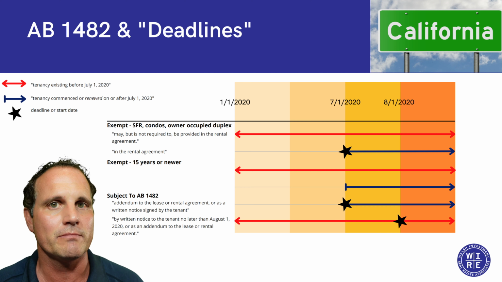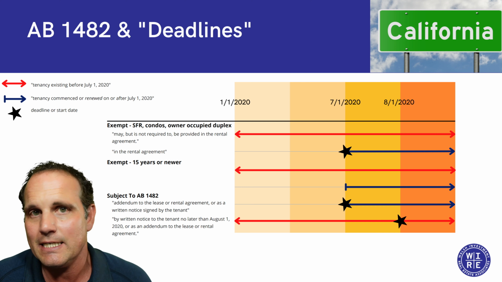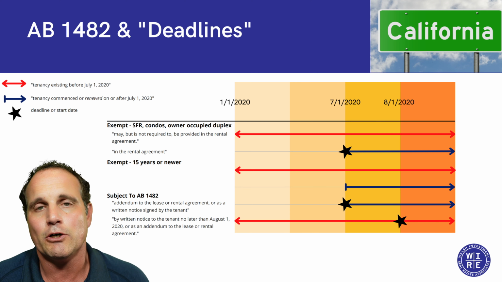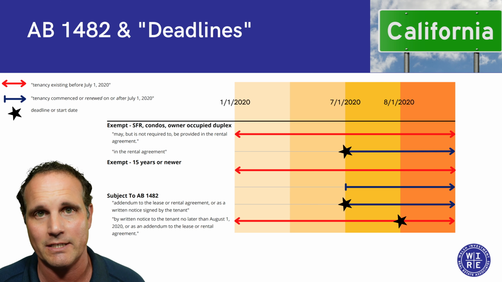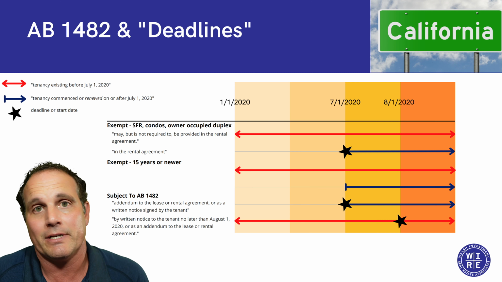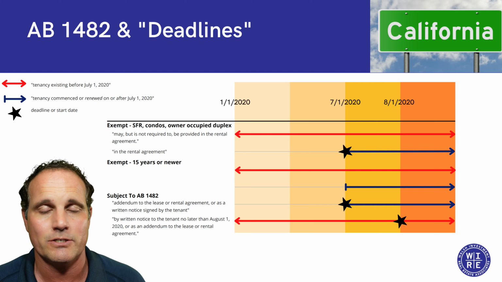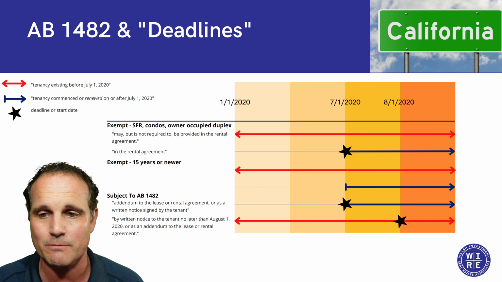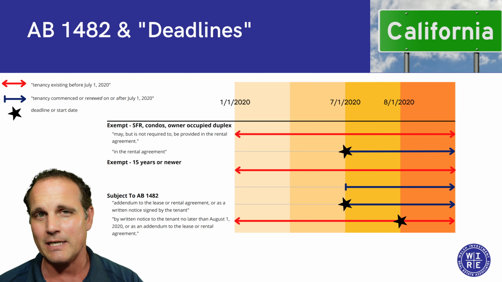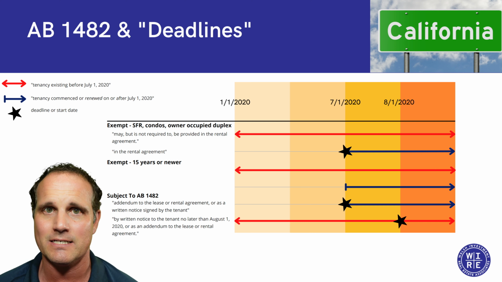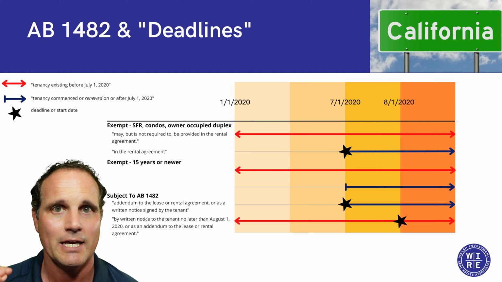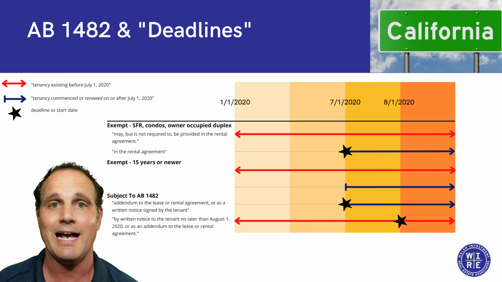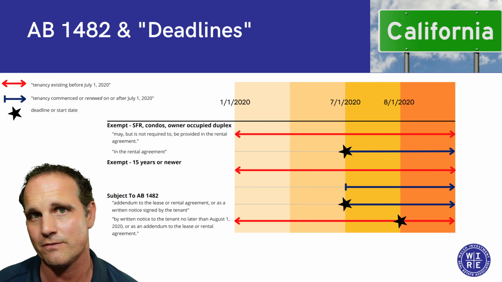So if a landlord missed that, there's no teeth to the bill and no penalty necessarily for the landlord, but it is imperative that the landlord gives that. The property is subject to AB 1482 whether or not that's given, but it's important the landlord actually give it. So I hope that clears things up. That is the August 1st deadline. It was for properties that were subject to AB 1482 who had tenants before July 1st of 2020.